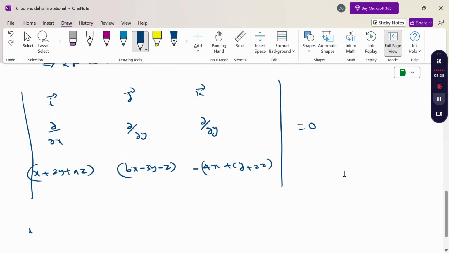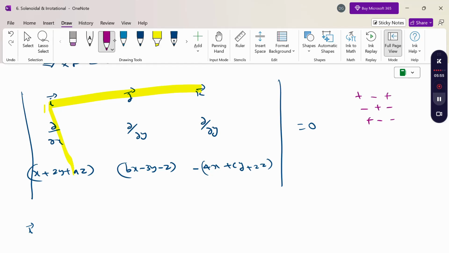Now for the i vector, leave this row and column. Generally what is the form? Plus, minus, plus, and so on. So I am choosing the first row here. Therefore the first row, first term is plus.